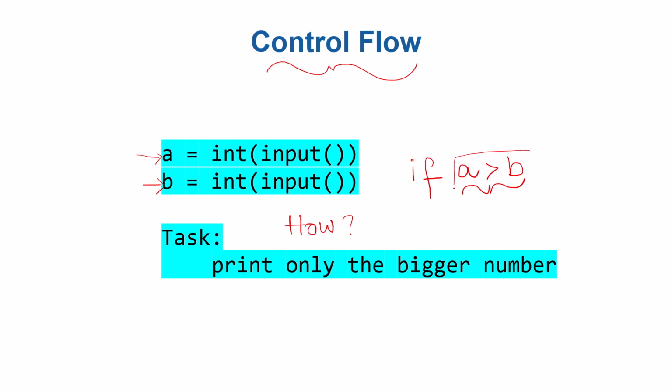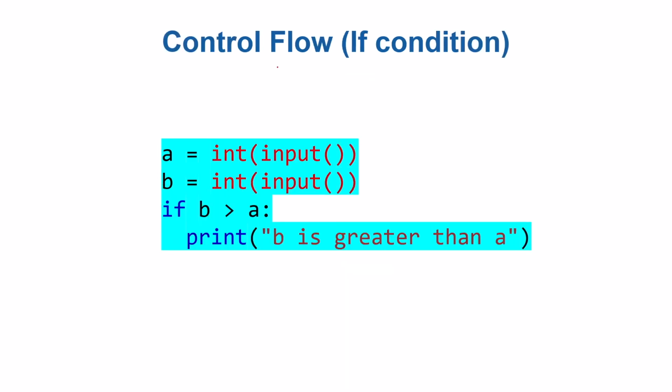This is like the comparison. So this is true. But then we must have an if condition as well. If A is bigger, then do what? If A is bigger than B, then do certain things. Otherwise, don't do those kinds of things. So this if condition is really, really powerful and is available in all programming languages.